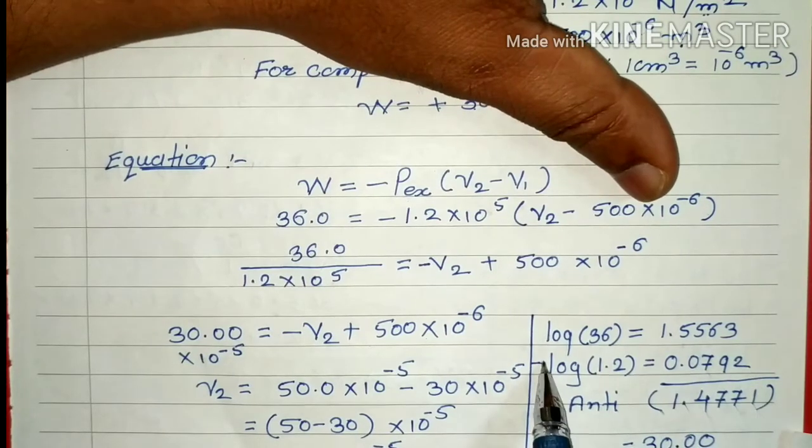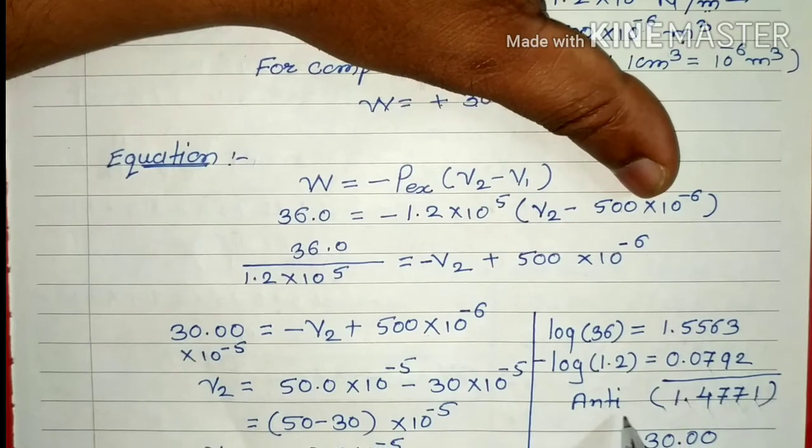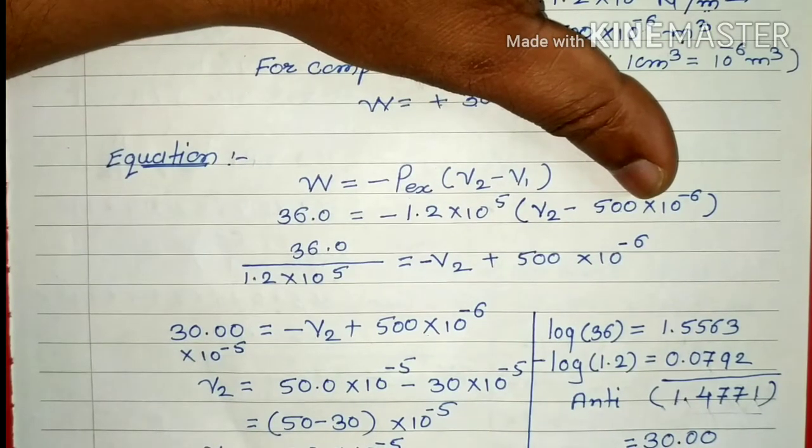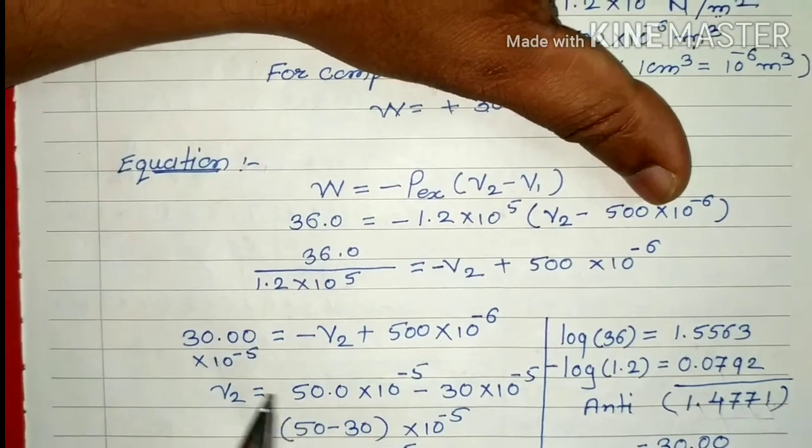After subtraction we will get 1.4771, and by taking the antilog of this value you will get 30. The antilog of 0.4771 is 3000, and since the characteristic is 1, the decimal point is given after 2 digits. So the answer is 30.